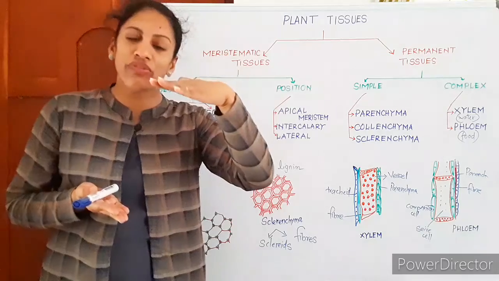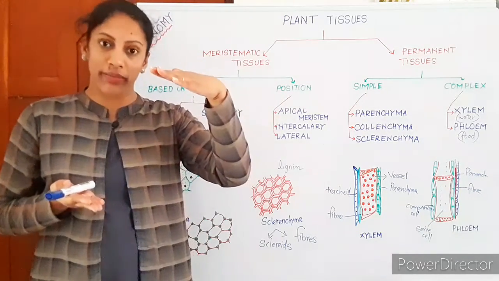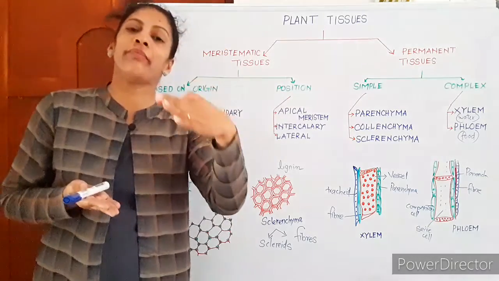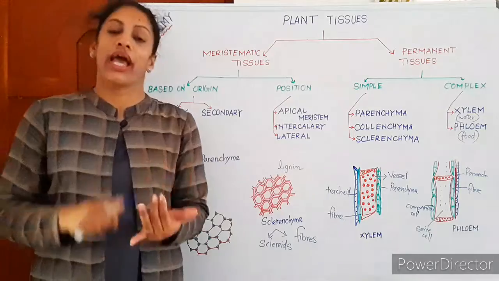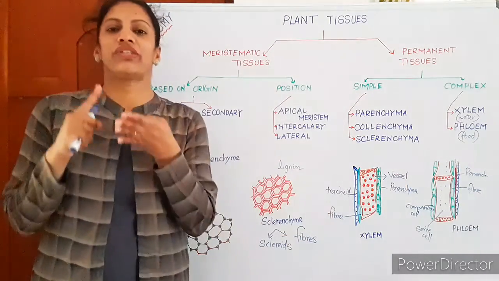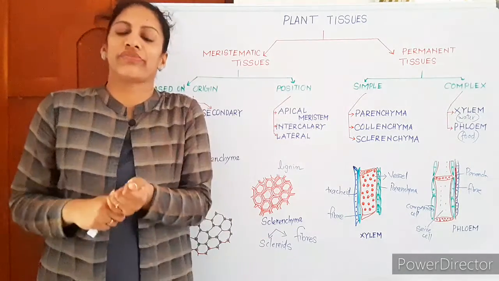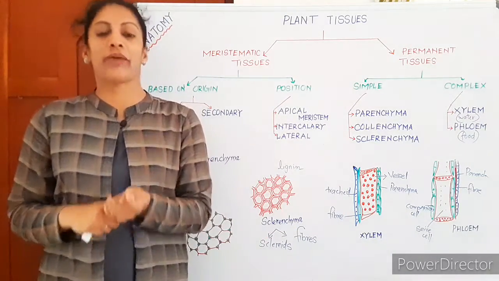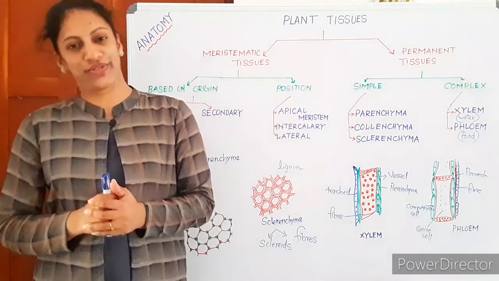And it has mesophyll tissue, made up of parenchyma, again chlorenchyma. Then again it has xylem and phloem. If it's a stem, it has all these tissues. If it's a root also, it has all these tissues. So all parts of the plant body are made up of this type of simple and complex tissues.